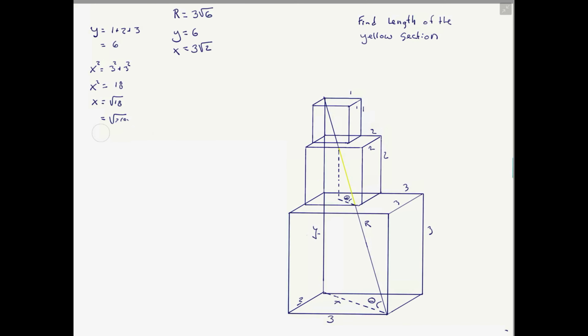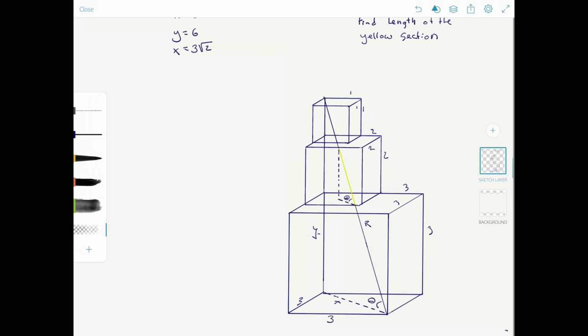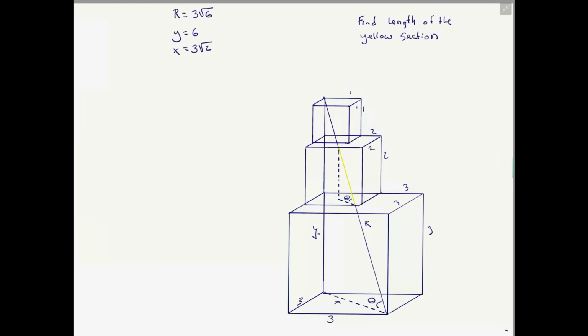Let's just put our summary up here. We just saw how we got it: r equals 3 square root of 6, y equals 6, and x equals, what did we say x was?